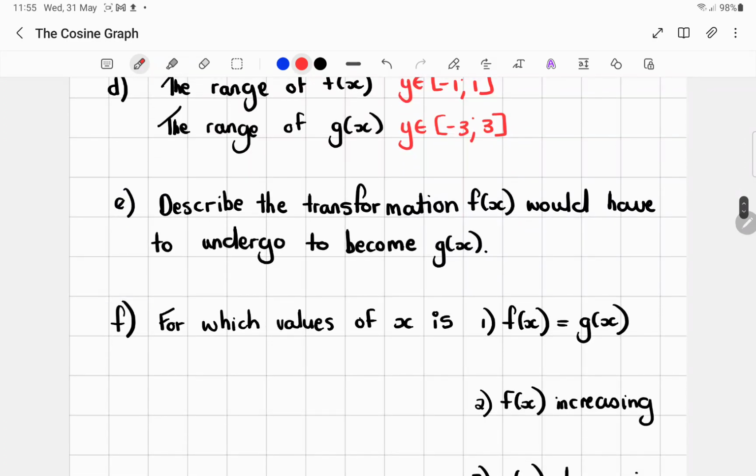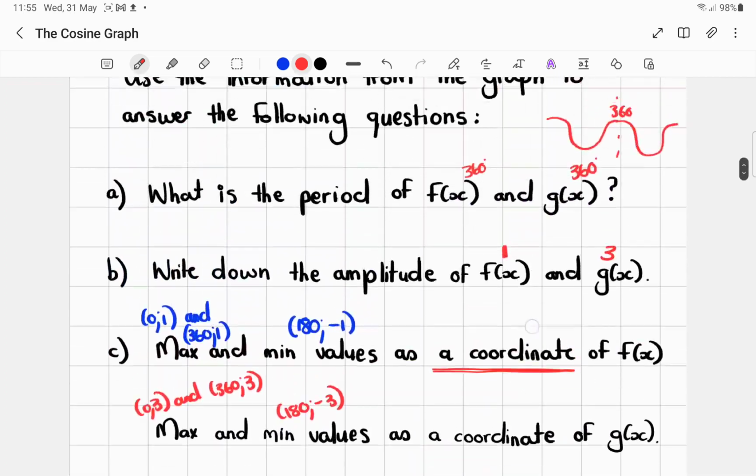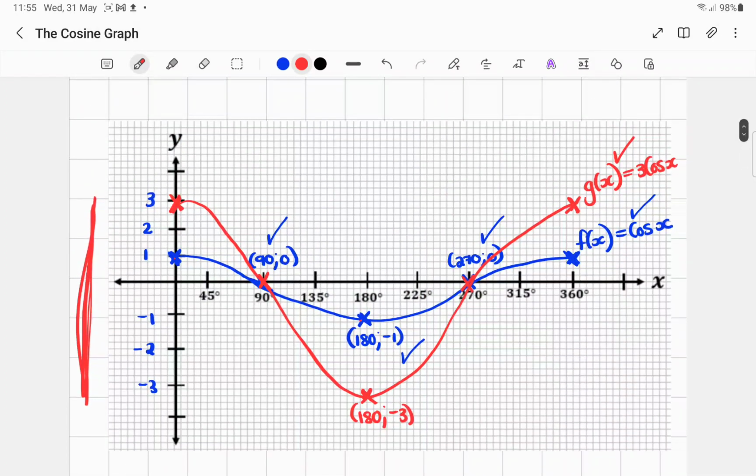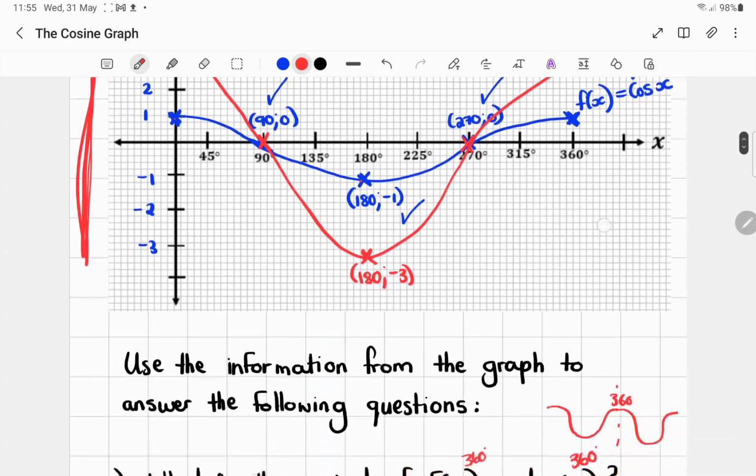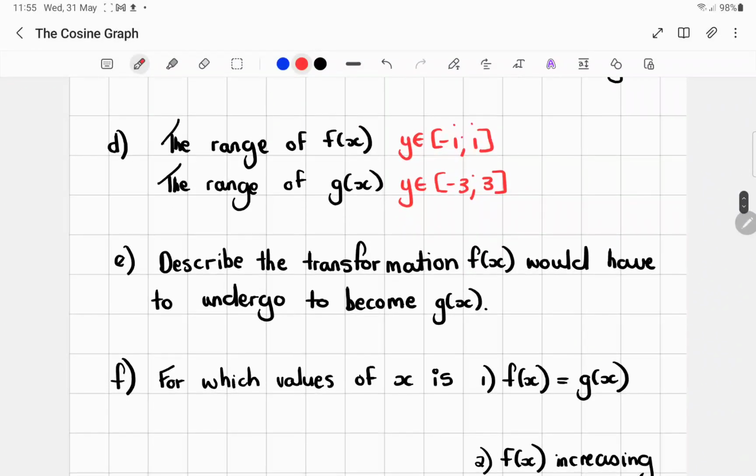Okay, now it says, describe the transformation of f of x, what it would have to undergo to become g of x. So what happened? It had a vertical stretch of a factor of 3. So if you look at f of x, the original was cos x, and then g of x was 3 cos x.